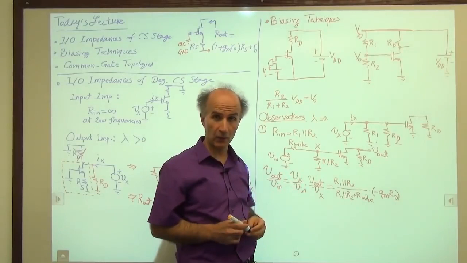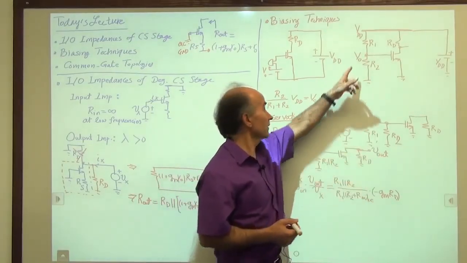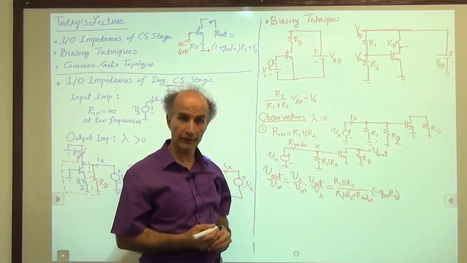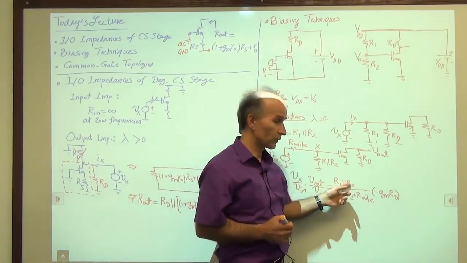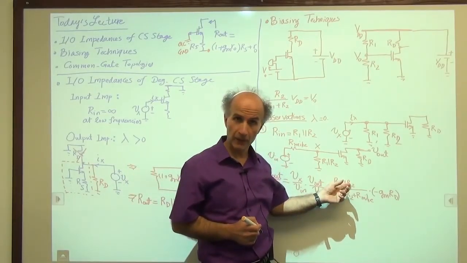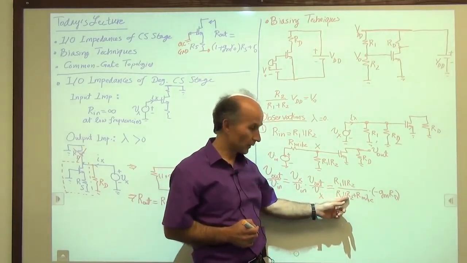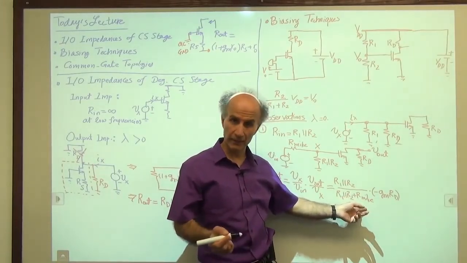But now we have some attenuation. That is the result of using these resistors to bias the gate of the device, right? We have to do that. So from that perspective, we would like to choose R1 and R2 as large as possible. In this case, what we do need to do is make sure R1 in parallel with R2 is much greater than R mic, maybe 10 times.